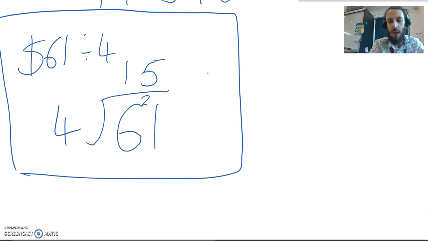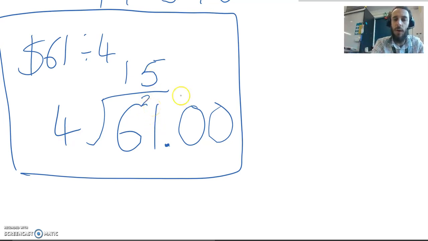If you like, you can put a decimal place, and you can add some zeros after it, and then they just become like a place value, and we just keep working on the algorithm as we normally would. So for instance, this one was 4 times 5 is 20, and we were trying to divide 21. So I've got one remainder, which comes down here. Now all of a sudden I've got 10, and I ask myself, how many times will 4 go into 10?